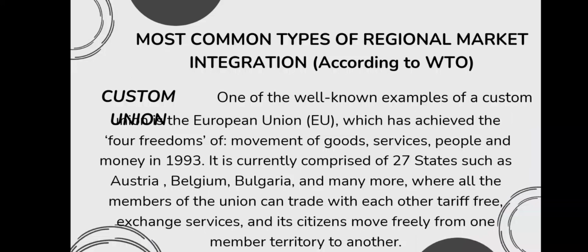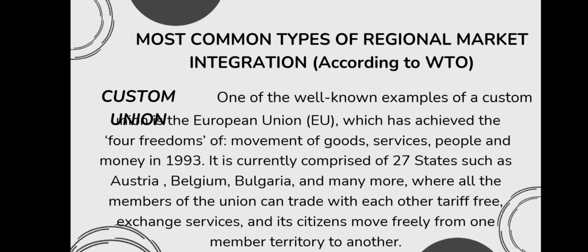It is already mentioned earlier that the European Union is an example of regional market integration. So, this EU is an example of a customs union, which has achieved the four freedoms of movement of goods, services, people, and money in 1993.